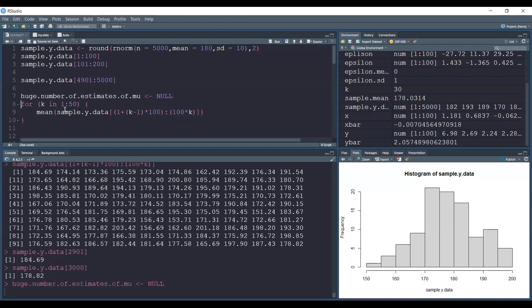We just saved the null vector for the time being. And then we're going to call this, for example, mu hat k, mu hat when I have k for the kth data set.